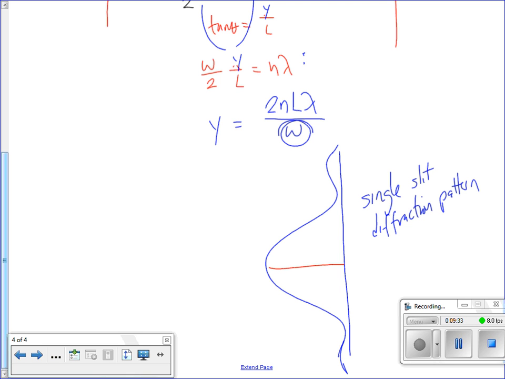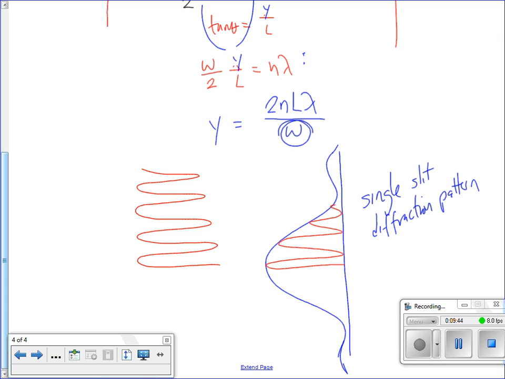We get something like this that does that, and this that does that. Mathematically, the double slit intensity should just go bright, dark, bright, dark, bright, dark, bright, dark. But what it has to do is fit within the single slit envelope.